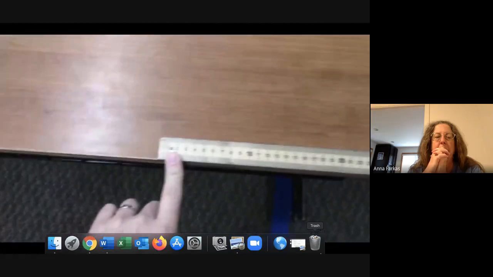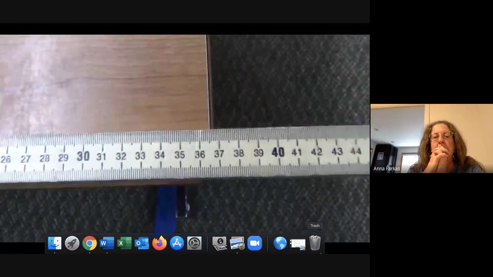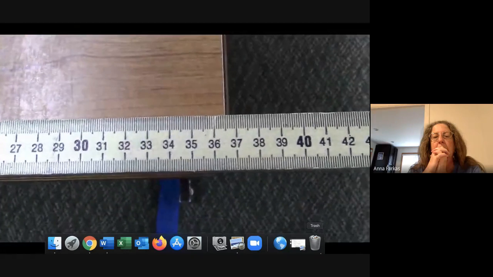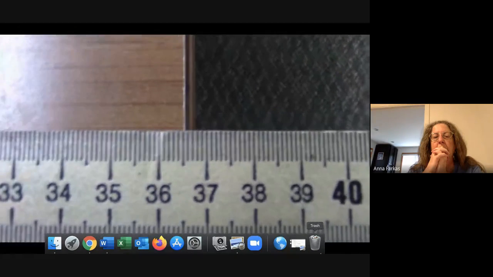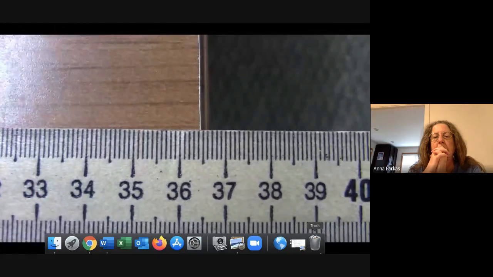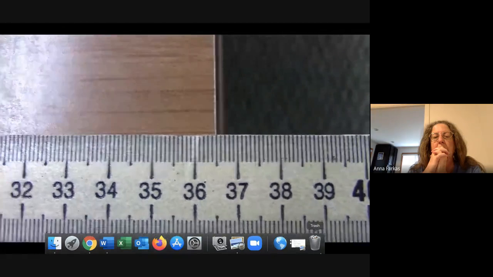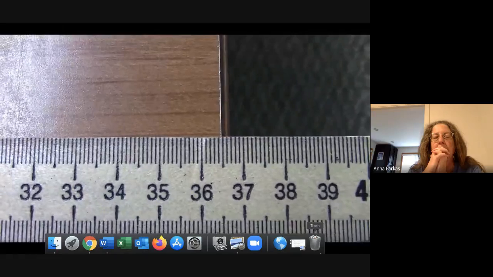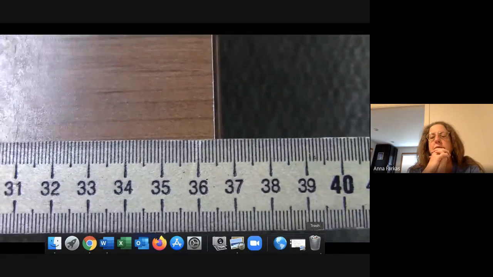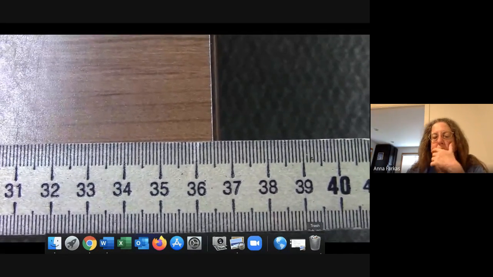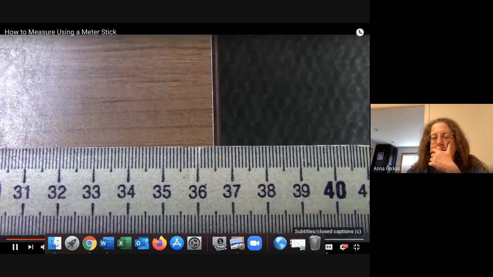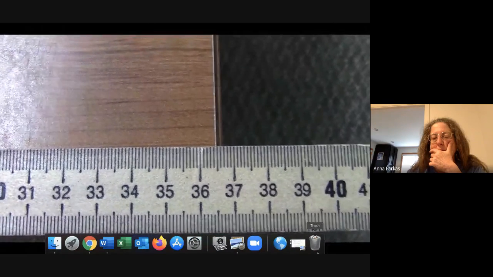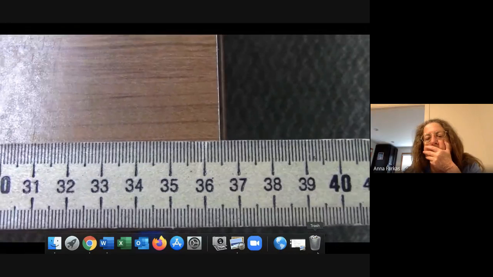And we go, okay, so it's 1 meter and plus 36 centimeters. And if we get in even closer, we see that it's about 6 millimeters. So it would be 1.366 meters. 1 meter, 3 decimeters, 6 centimeters, 6 millimeters.